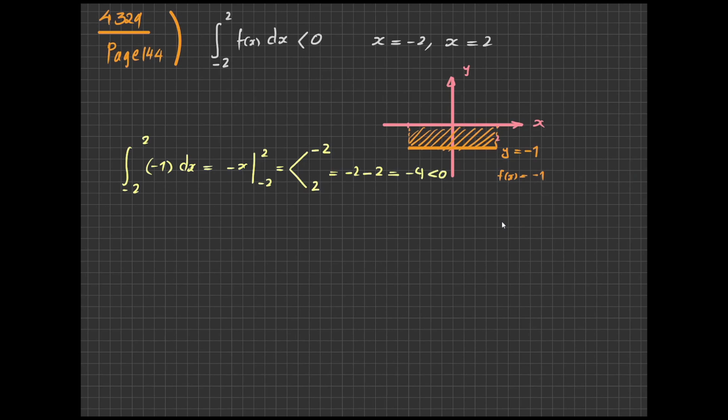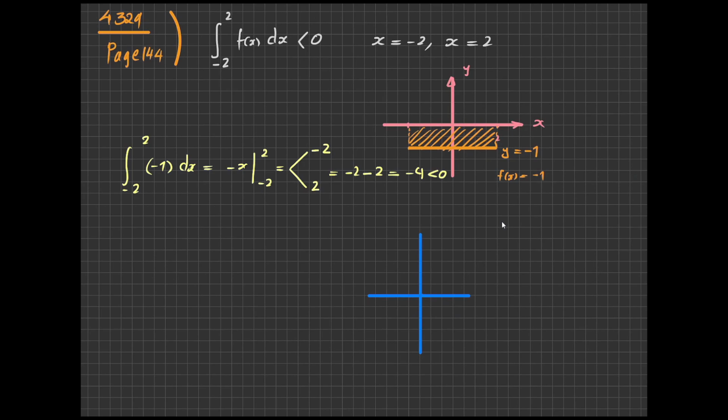I don't know what answer they have mentioned. I don't like this question because area is always positive. You cannot say, okay, make the area positive. I think they want you to draw a graph so that the negative part is bigger.